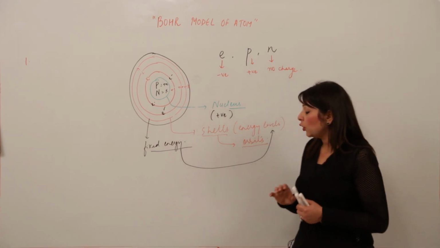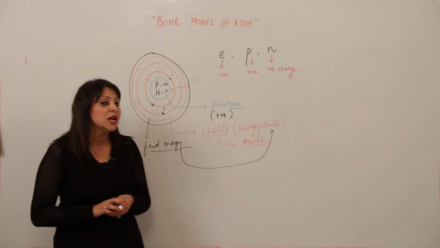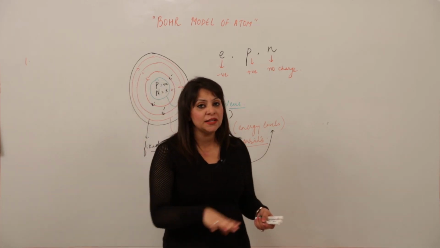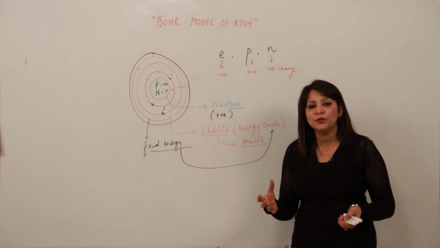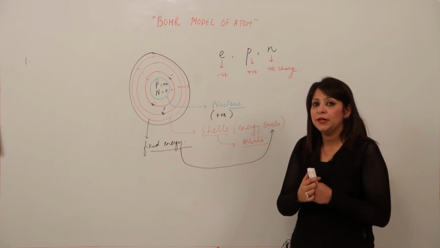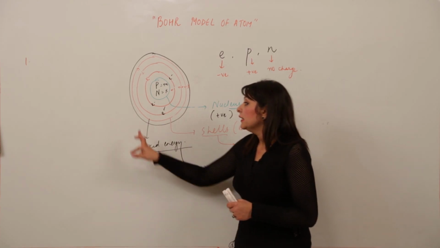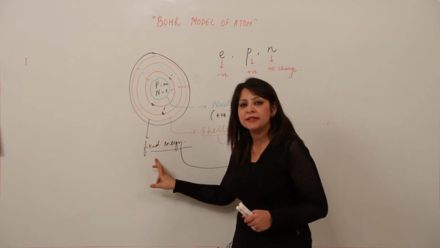And he also explained that actually the major drawback of Rutherford was that when any charged particle revolves in a circular path, it emits energy, shortens its path, and spirals down into the nucleus. This was the main drawback. Now how did he resolve that limitation? Look, he said that each orbit corresponds to a fixed energy.